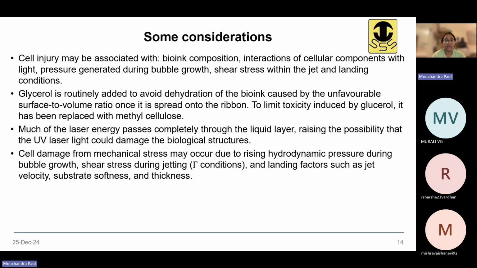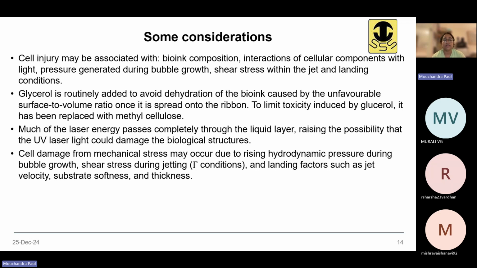Then the light that you are using. Usually people use UV light, all right? UV can be very damaging to the cells and it can cause mutation effects and so on. Cell damage can also happen due to the mechanical stress factors here.